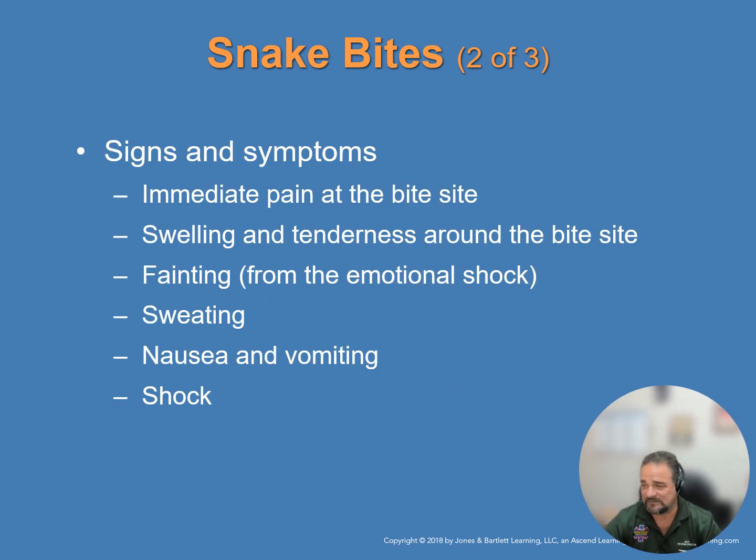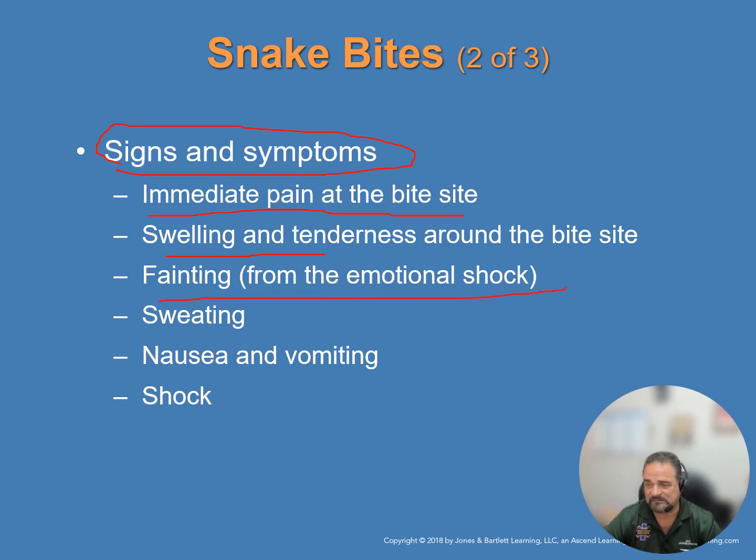All right, so our signs and symptoms. Okay, here they are. Immediate pain at the site, it hurts. Obviously, when you get bit by a snake, it's going to hurt because the fangs have entered the skin. You should see some swelling and tenderness around the bite itself.